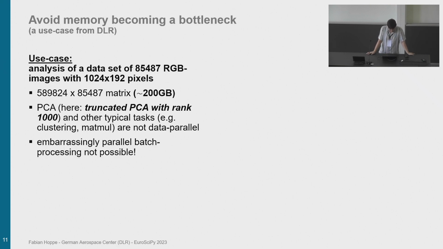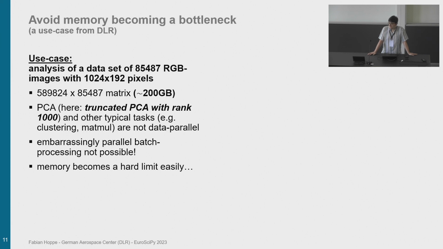Yeah, that's what I said. Embarrassingly parallel batch processing is not possible here. And that's why memory easily becomes a hard limit, and that's really something that should be kept in mind. Memory is usually a hard limit.